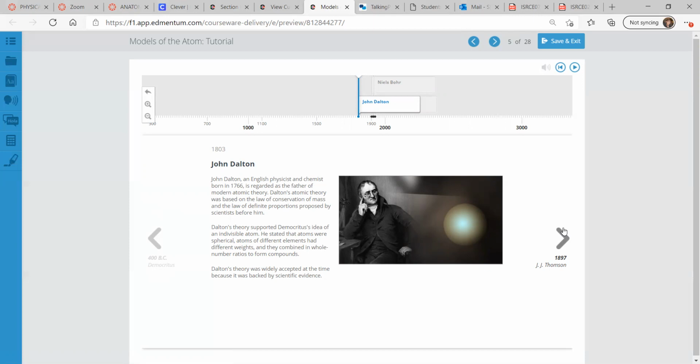His theory supported Democritus's idea of an indivisible atom. He stated that atoms were spherical. Atoms of different elements had different weights, and they combined in whole number ratios to form compounds. Dalton's theory was widely accepted at the time because it was backed by scientific evidence.